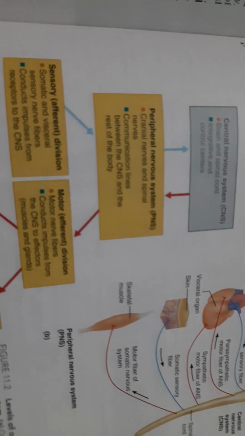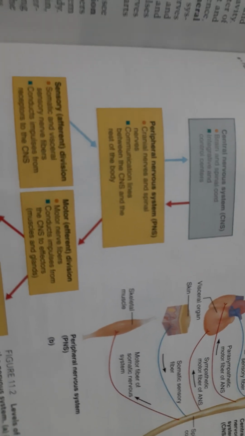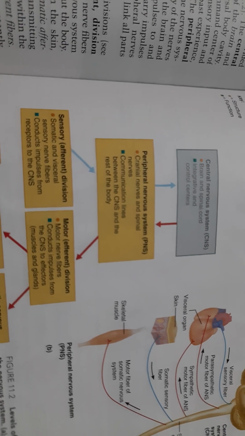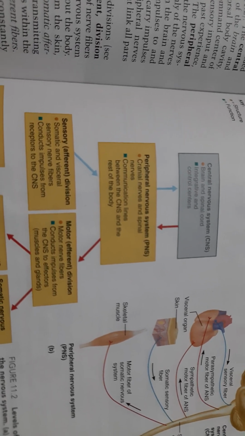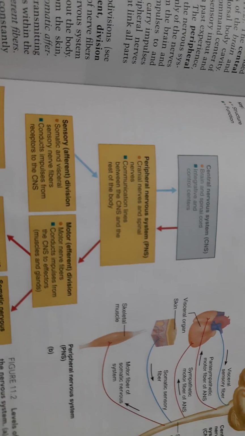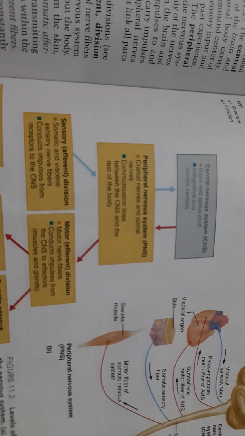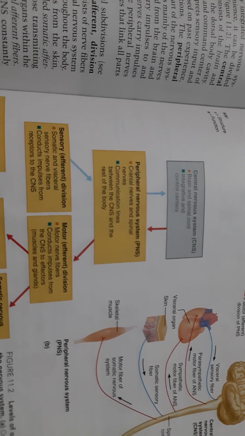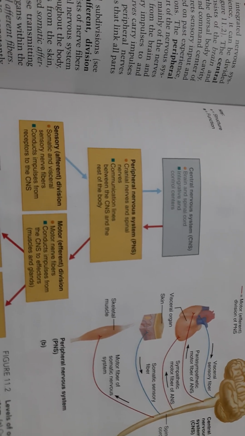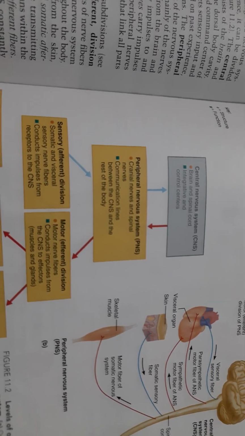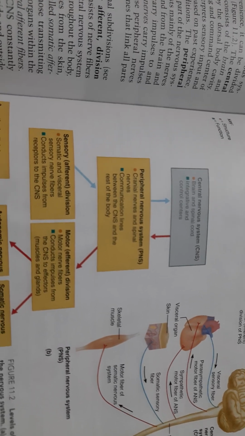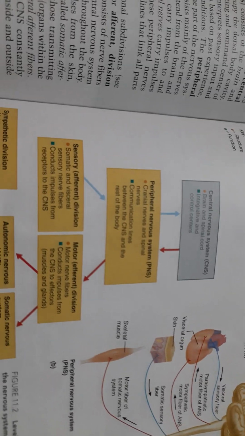So the peripheral nervous system can be divided into the sensory nerves, and secondly the motor part. The motor part carries the information from the central nervous system to the other parts.